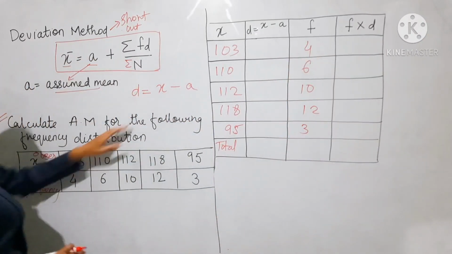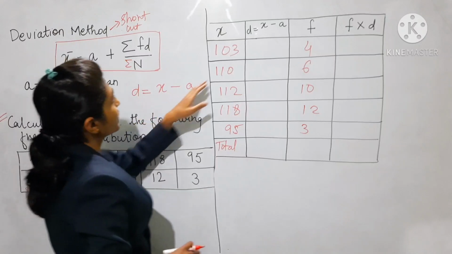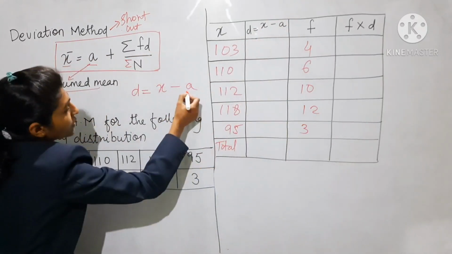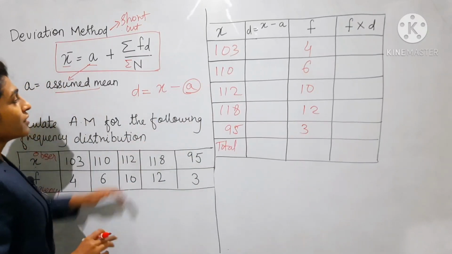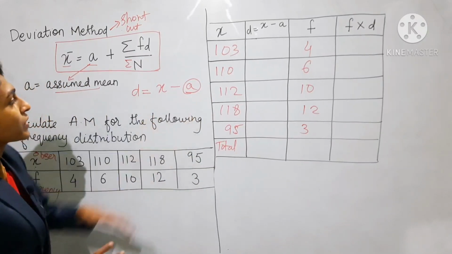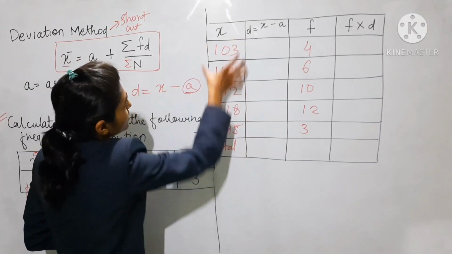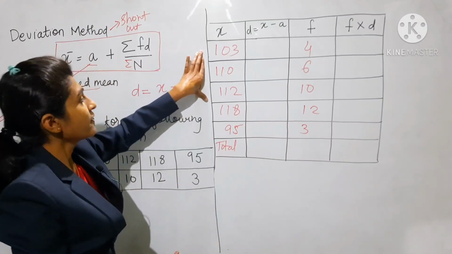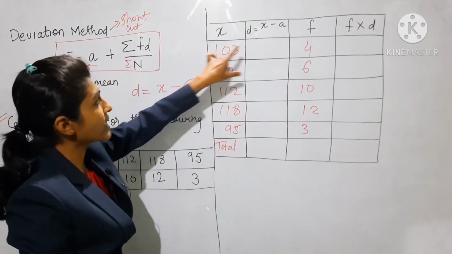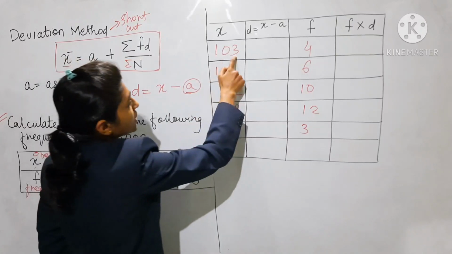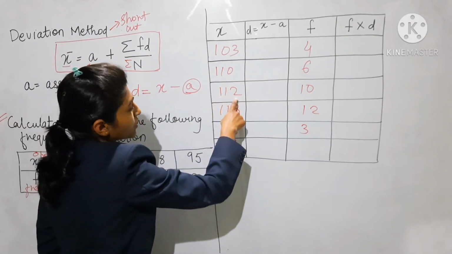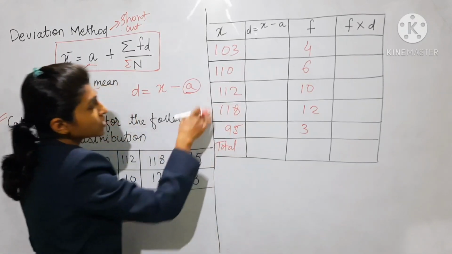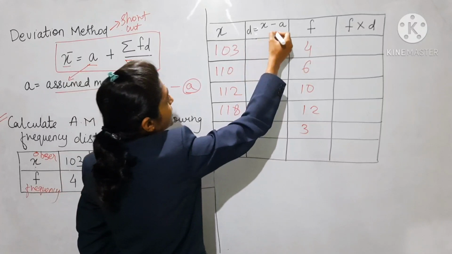So we will assume one number for the assume mean A. Now observe these numbers, and whichever is near to the numbers, we will consider that number as A. So 113, 110, 112, 118 and 95. Which is closer to these numbers? I will take the number as 100.